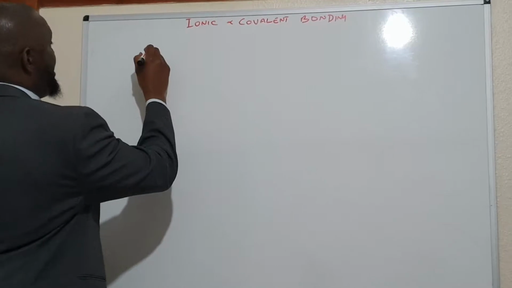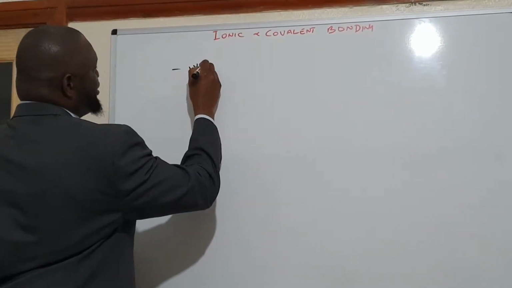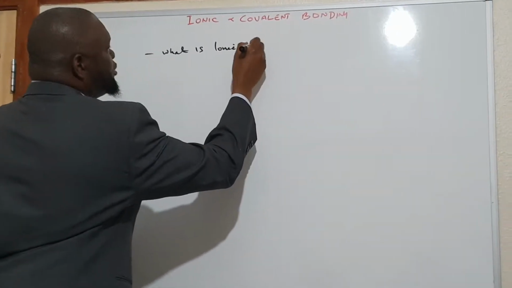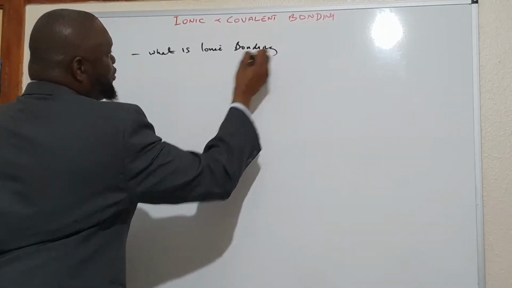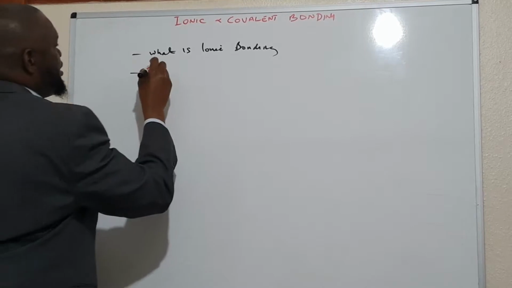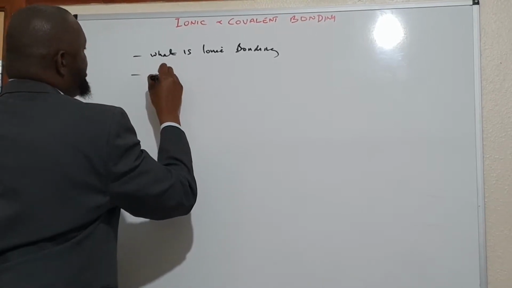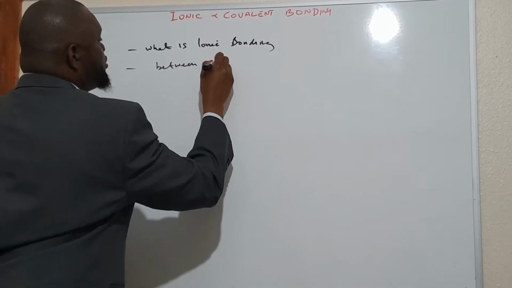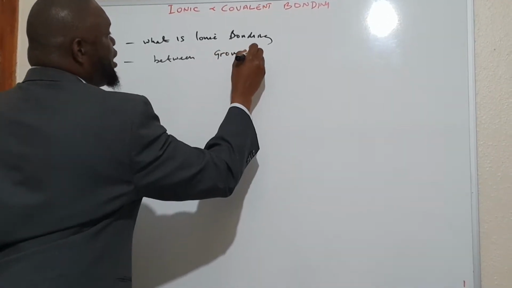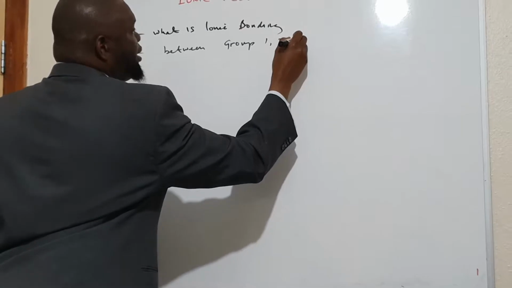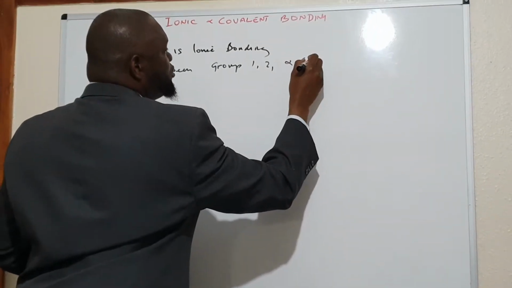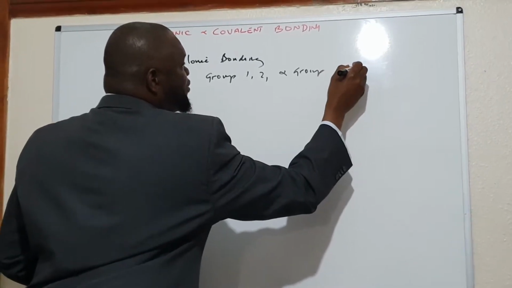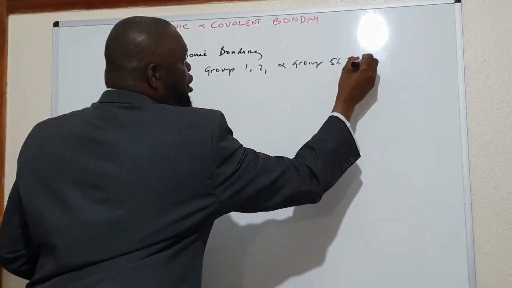So we are going to define what is ionic bonding. What is ionic bonding? We have come across it before. Ionic bonding is between group 1 and 2 and group 6, 7, group 6 and 5, 6, 7 non-metals.